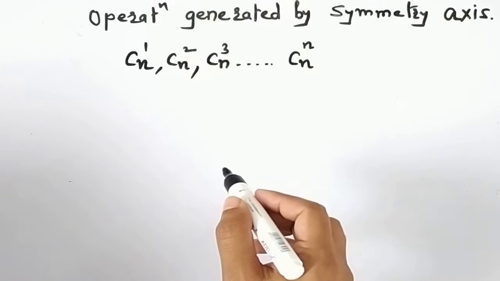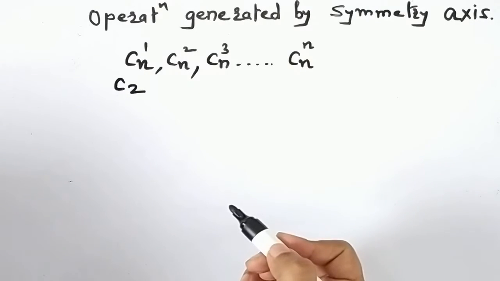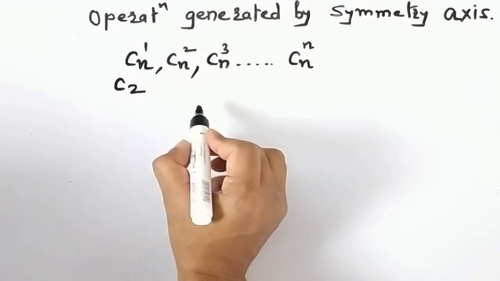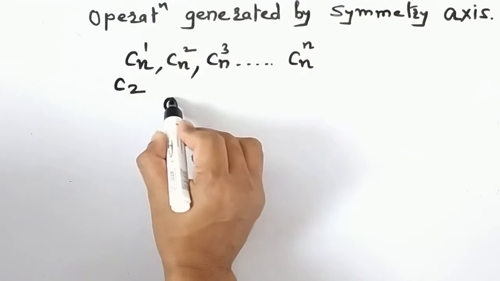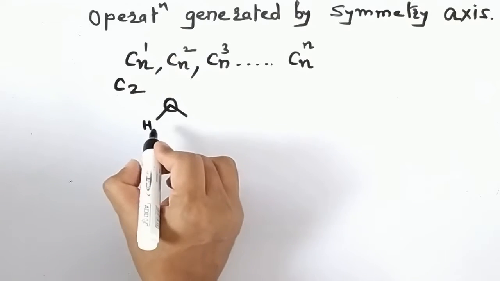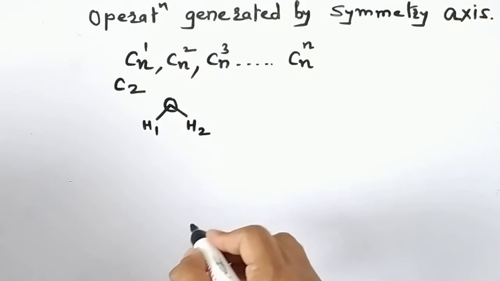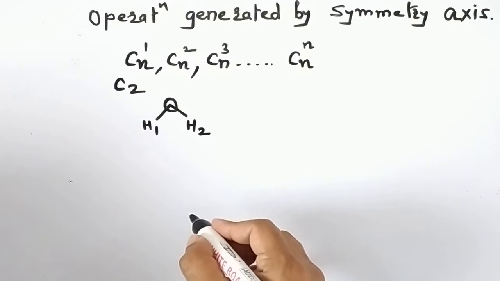So let us take an example of C2. Here we will take a very common molecule that is easy to understand, your water molecule. I will name the hydrogens H1, H2 for our understanding purpose.